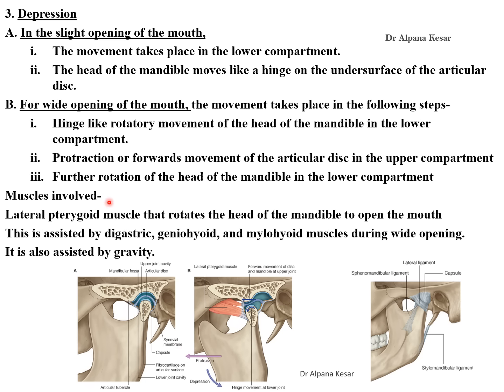The muscles involved in this movement are the lateral pterygoid muscle, which helps to depress the mandible to open the mouth. This movement is assisted by the suprahyoid muscles, namely digastric, geniohyoid, and mylohyoid. This movement is also assisted by gravity.